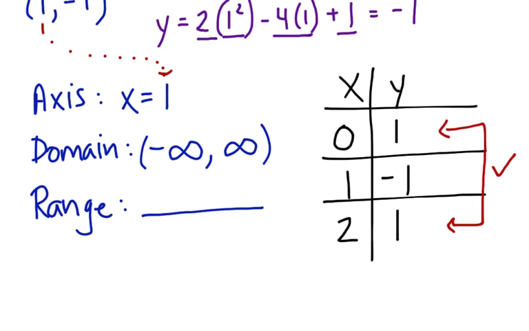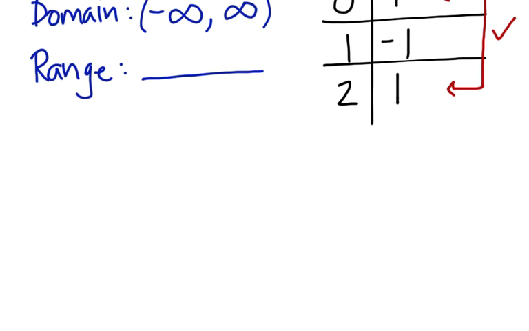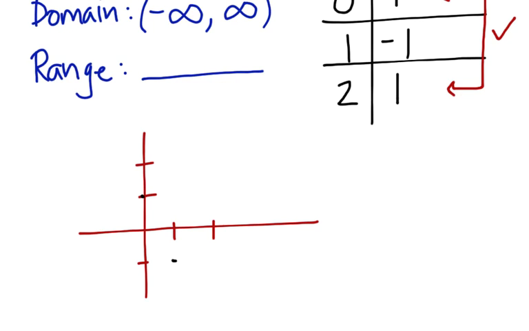So let's plot those 3 points, then we'll come back to our range. So 0, 1, 1, negative 1, and 2, 1.